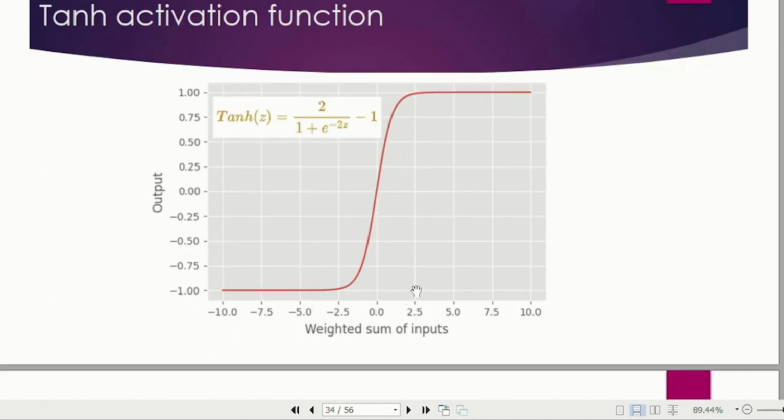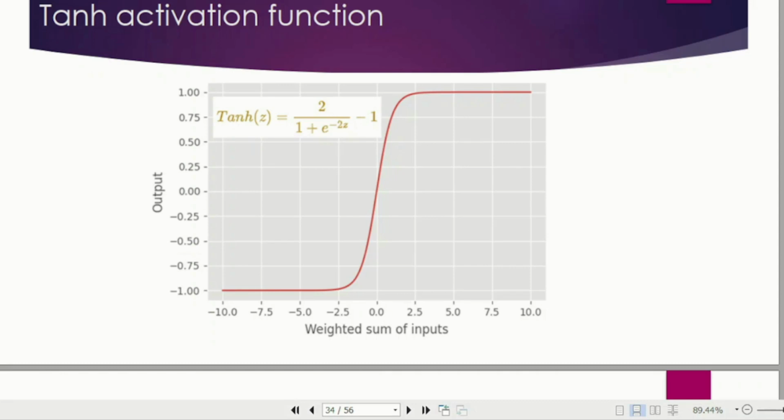Moving forward to the next activation function, the tanh activation function, by its shape you can also see that it has non-linearity in the graph. The main key feature of tanh is that it always ranges between -1 and +1.